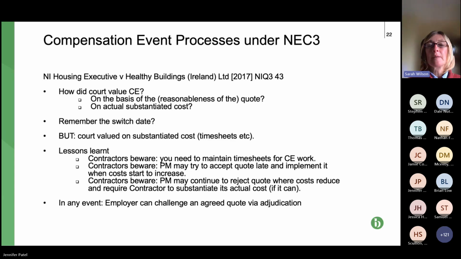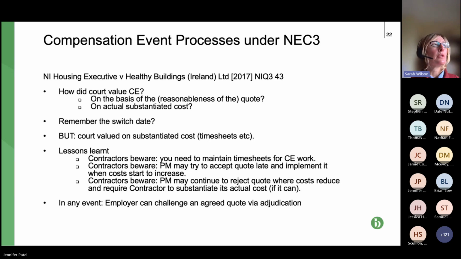If you've got several people working, we need timesheets to show who was working on that CE and what timescales they were working on it. It's not enough just to say, well, we had 30 people on site. Some of them were working on that CE for some of the time, but we're not sure what it is.